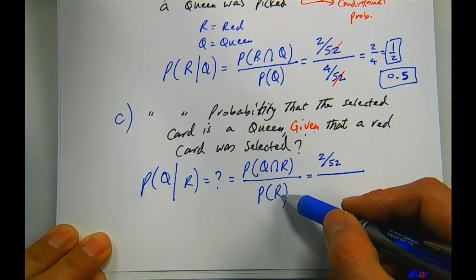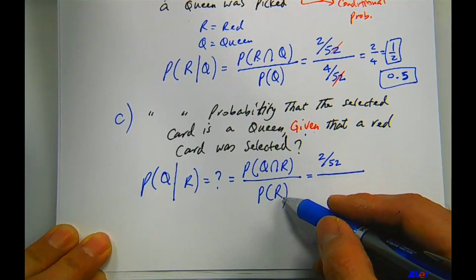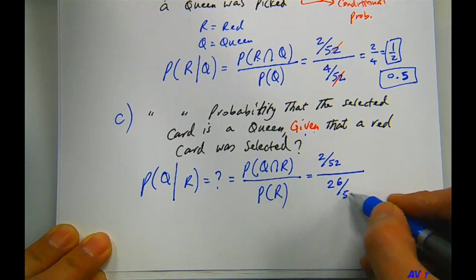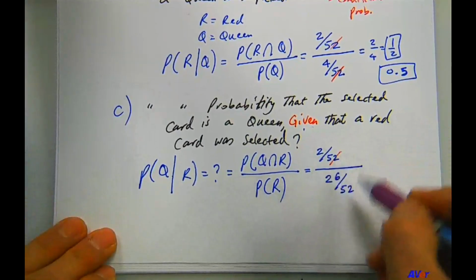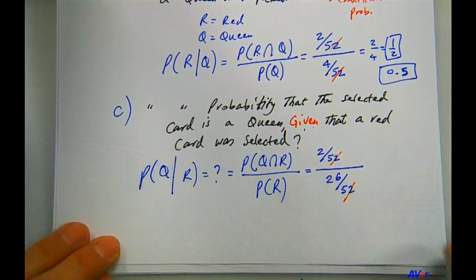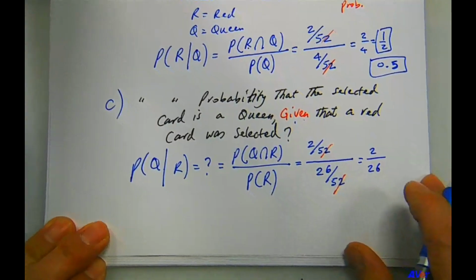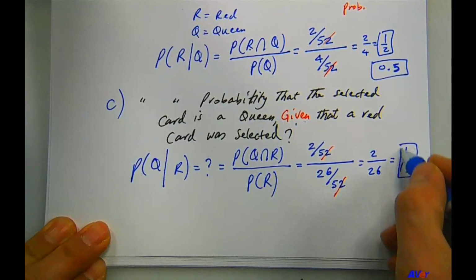Because half of the stack is red and the other half is black, we have 26 out of 52, probability of selecting any red card, right? So let's put that in the formula, 26 out of 52. Once again, the 52s cancel out. We end up with 2 over 26, or simplifying this, we get 1 over 13.